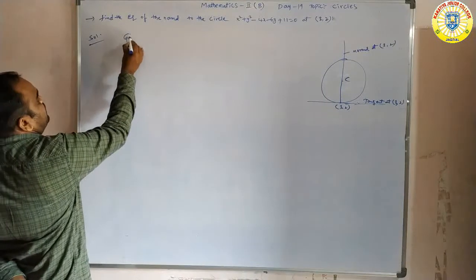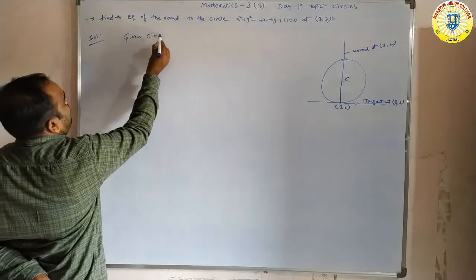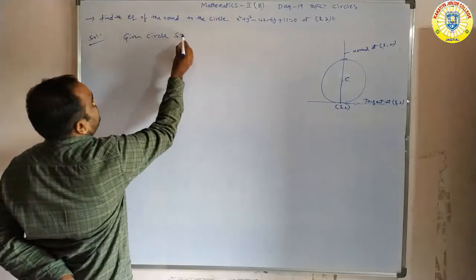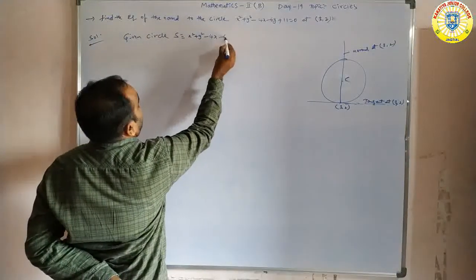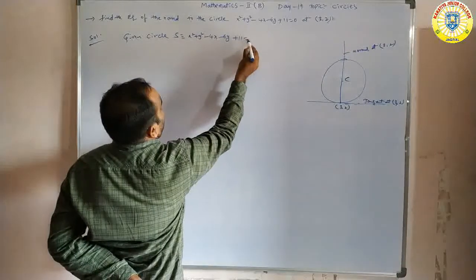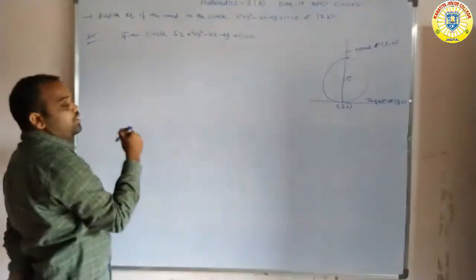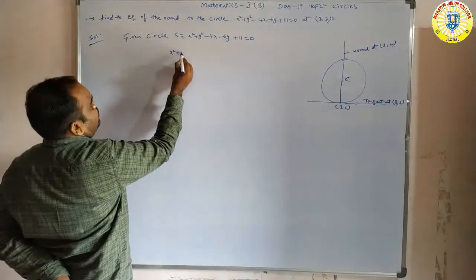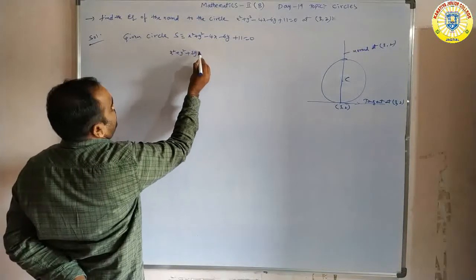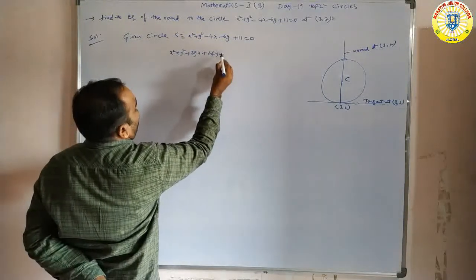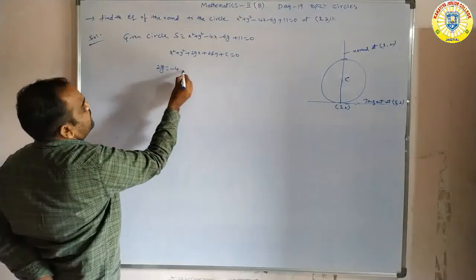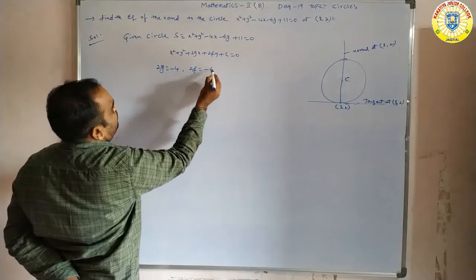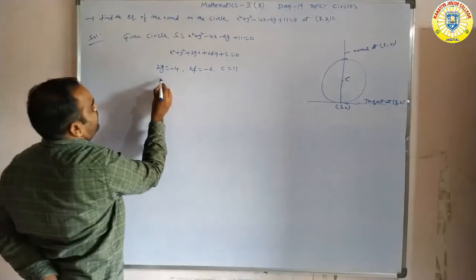The given circle is S is equal to x square plus y square minus 4x minus 6y plus 11 is equal to 0. Compare this with x square plus y square plus 2gx plus 2fy plus c equal to 0. 2g is equal to minus 4, 2f is equal to minus 6, c is equal to 11.